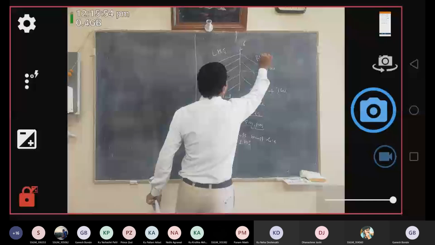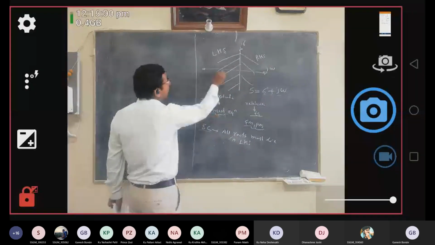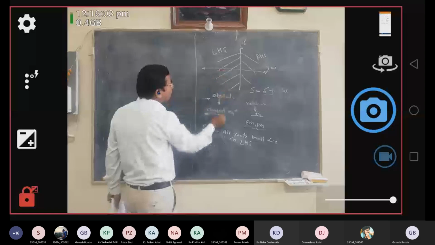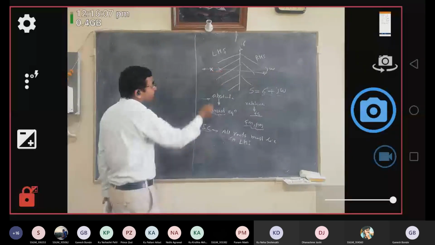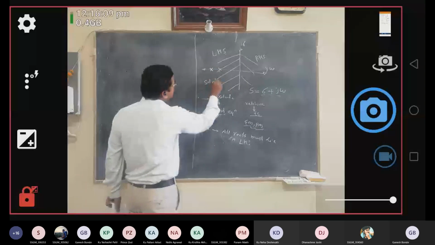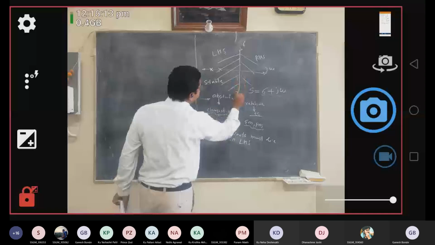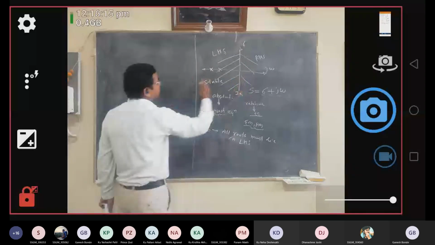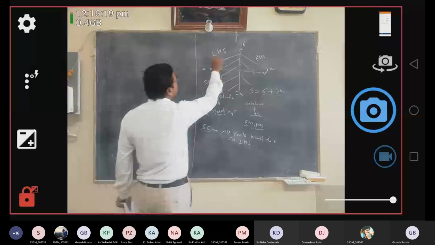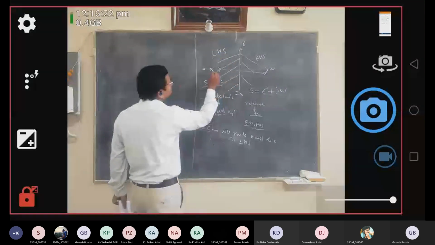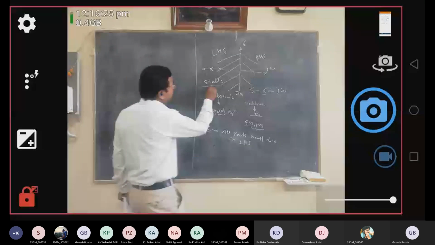If all the roots lie in the left hand side of the S plane, then your system becomes stable.